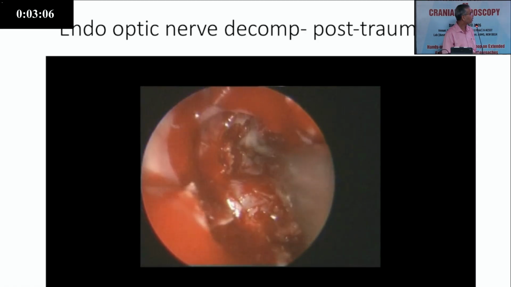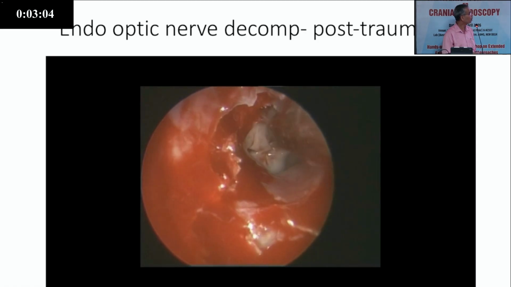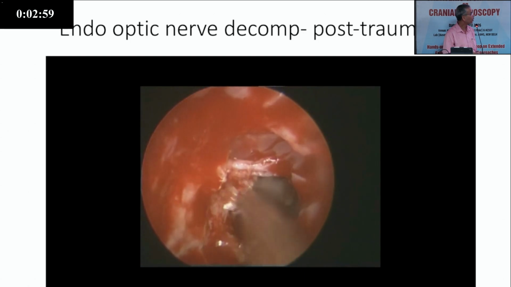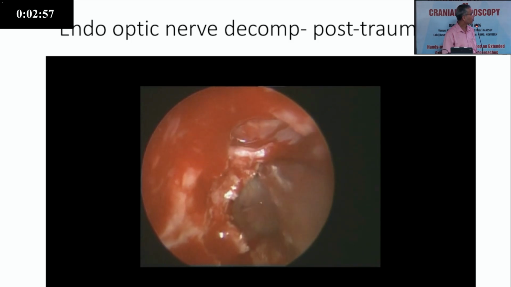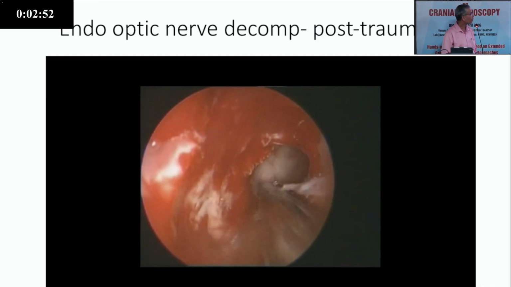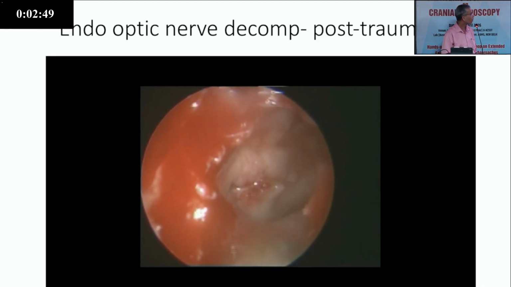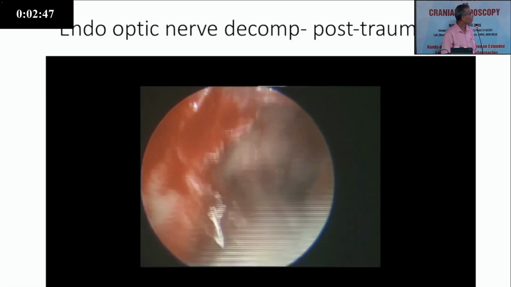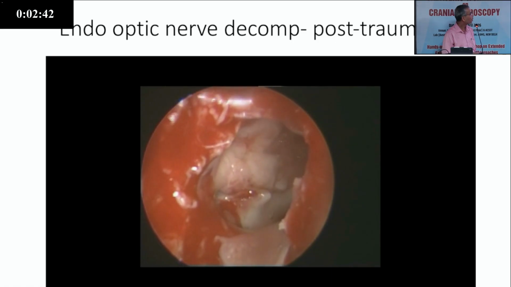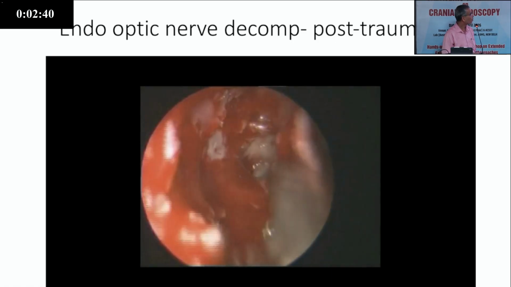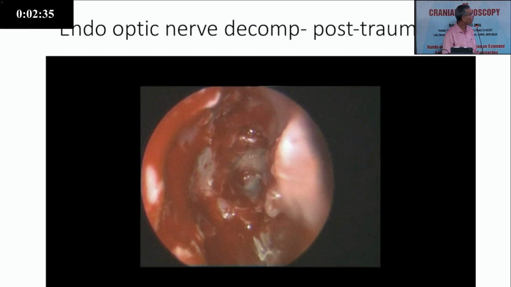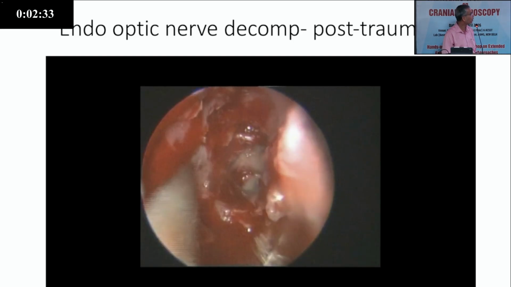Okay, and then you open inferomedially, right? So this looks like sphenoid. Okay, so enlarge the sphenoid sinus opening. This is the optic tubercle area, which is thick bone, and this is the optic nerve.